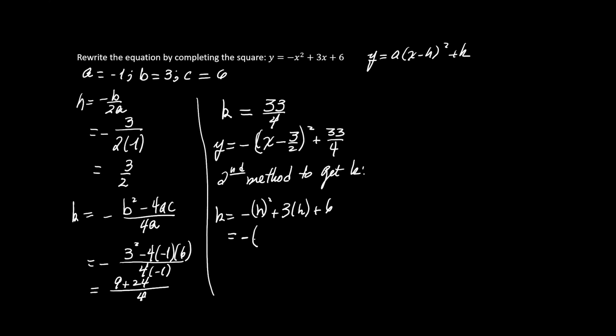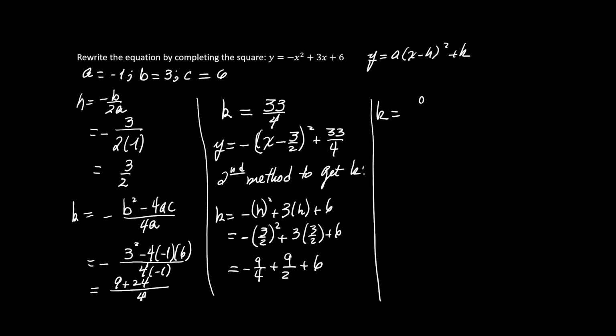Here's the negative. h is 3 halves, plus 3 times 3 halves plus 6. Negative 9 over 4 plus 9 over 2 plus 6. Again, this is half of that. So when we do this plus this, we're going to get 9 over 4.